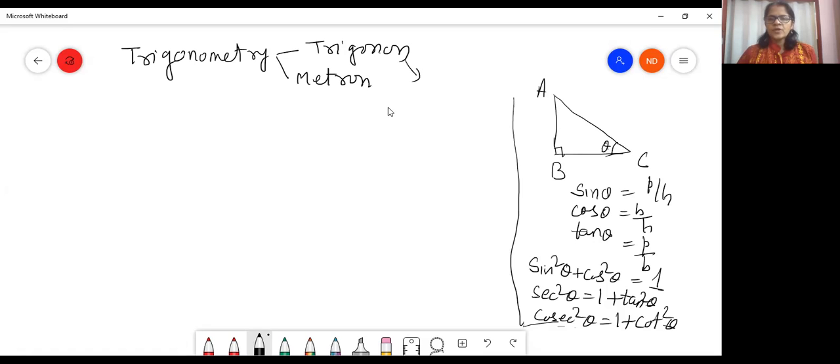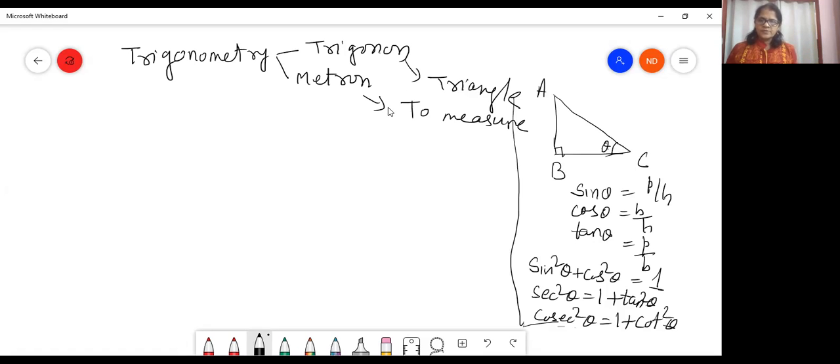Trigonon means triangle, and metron means to measure. In that way, trigonometry is basically the science of measuring the triangle. Measuring the triangle means the triangle has three sides and three angles, right? Before we proceed to any other identity or equation, let's study measurement of angles.